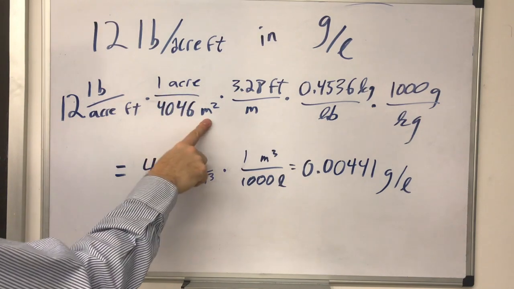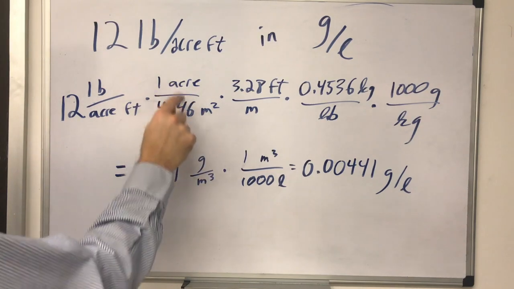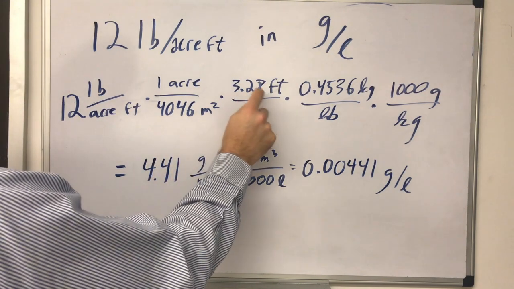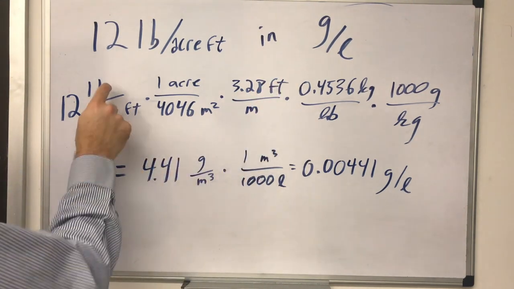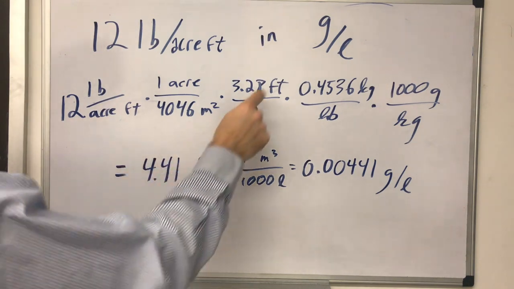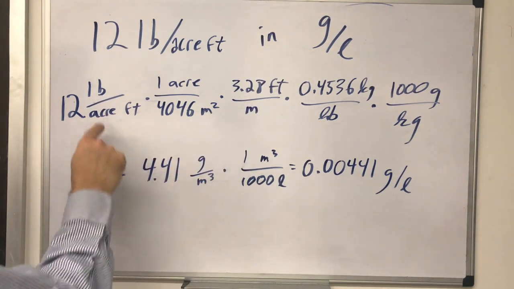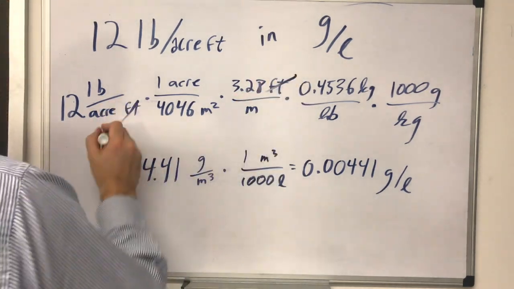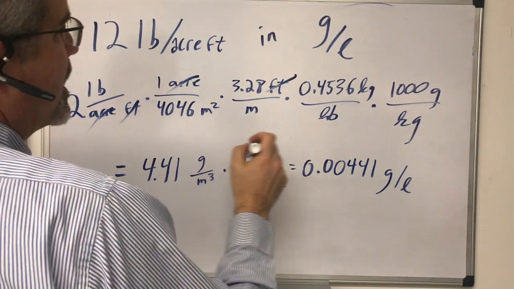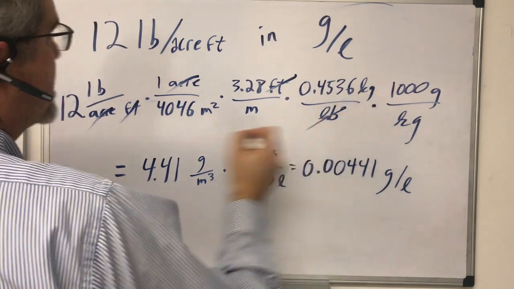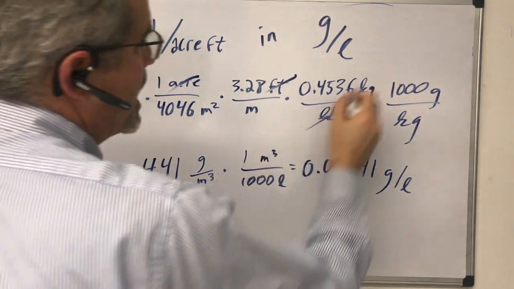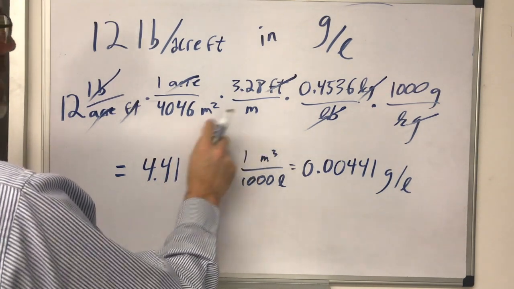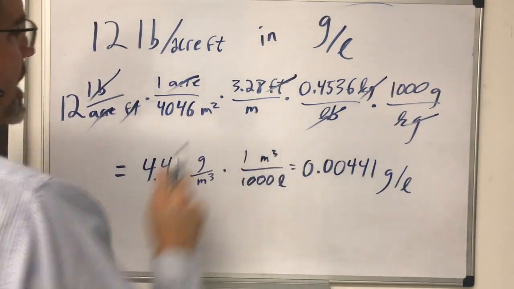An acre is a unit of area, so 1 acre is equal to 4,046 square meters. There are 3.28 feet in a meter, so that gets rid of the acre foot here. Notice it's not acres per foot, it's acre foot. So that gets rid of feet, acre, pounds per kilogram, and kilograms per kilogram, and I end up with cubic meters, or grams per cubic meter.